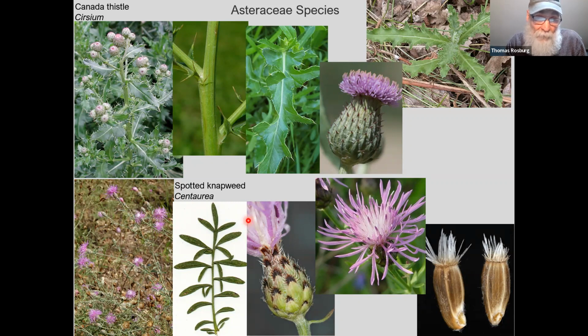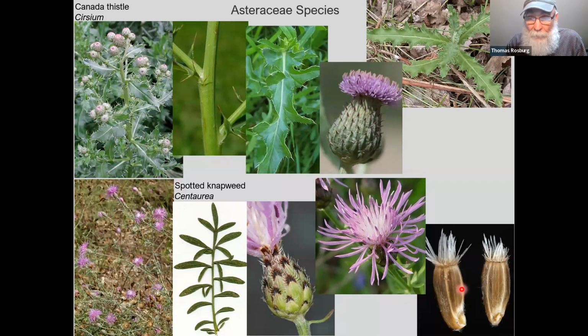In this particular species, spotted knapweed, the involucral bracts have this brown tip, and the fringe, the cilia, row of hairs or bristles, bristles is probably a better term, pretty much occur throughout most of the top part of that bract. So they don't have the spines again.